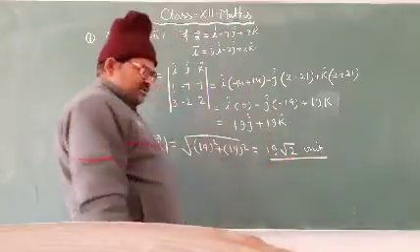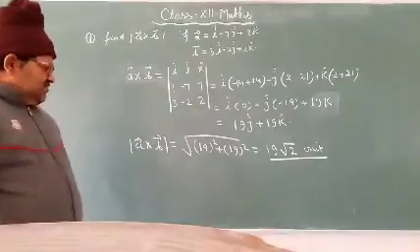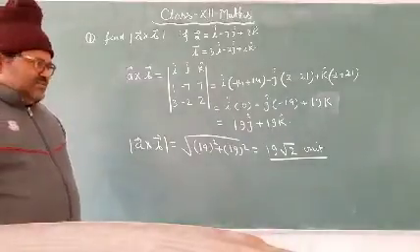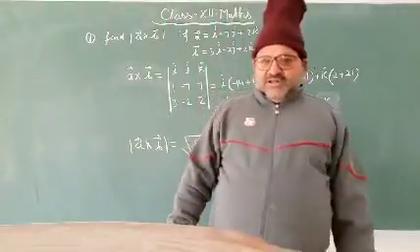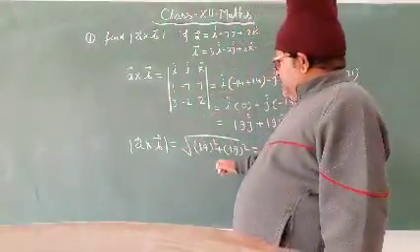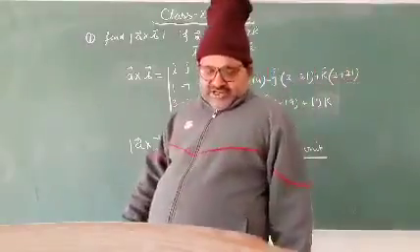So 19 root 2 units is the modulus of vector A cross vector B. Clear? Next question.